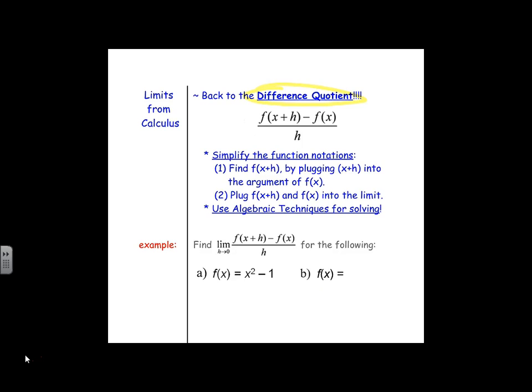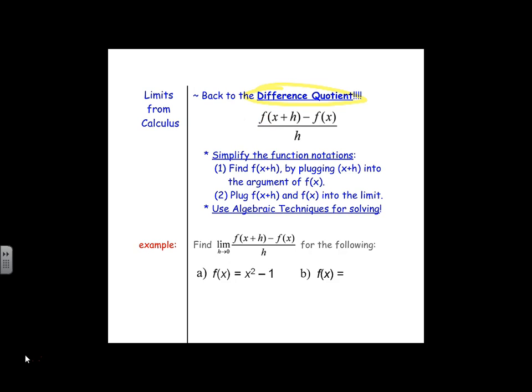So when we read the difference quotient, we would say f of, and then whoever's inside, which is x plus h, minus f of just x, all over h, right? Difference quotient: difference, subtraction; quotient, division. It's literally just telling us all the pieces.